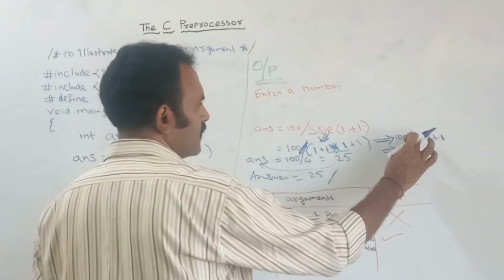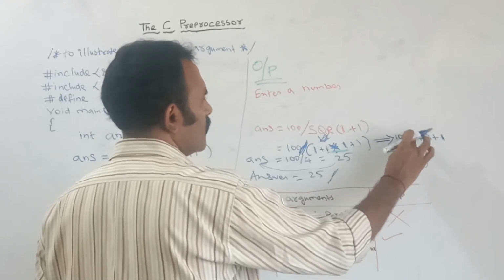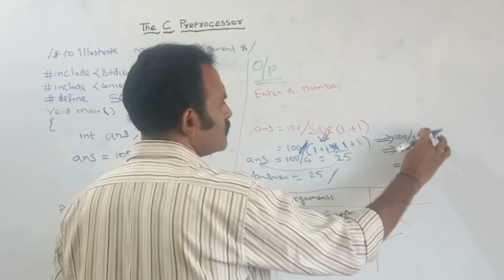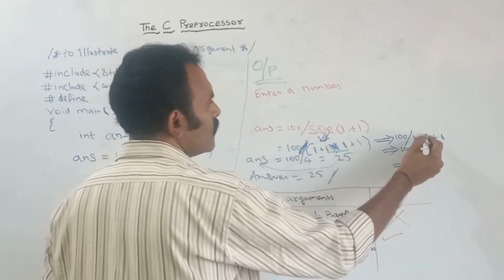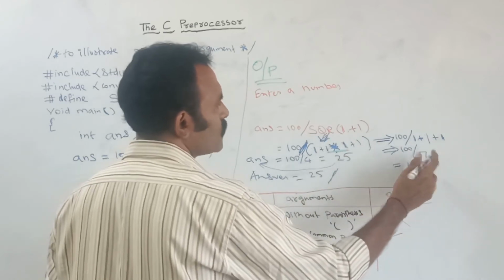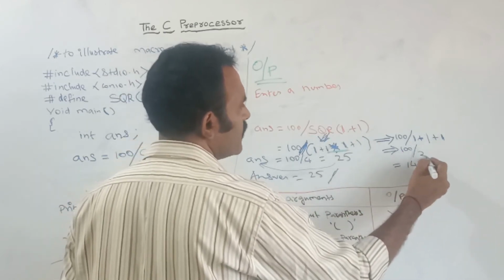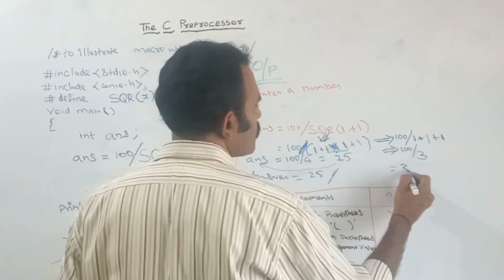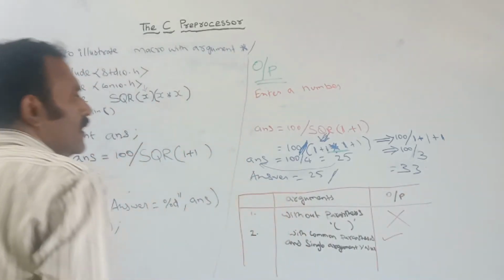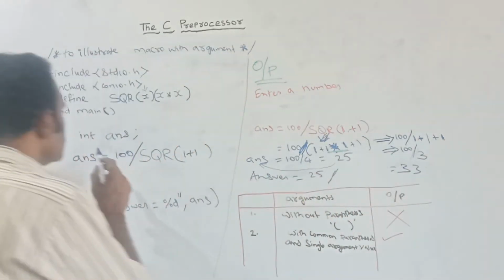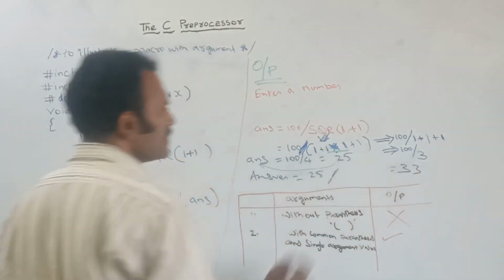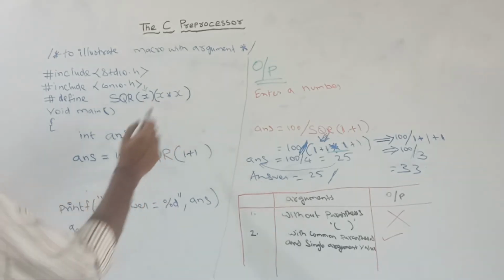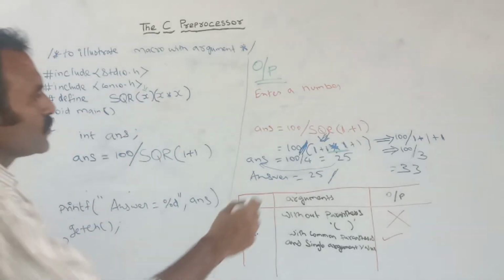So here 100 divided by 1 plus 1 into 1, 1, next plus 1. So totally 100 divided by 3, this answer will be 33. So this is also wrong. 33 point something, but as it is an integer value, it takes 33 only. This is wrong. If you are giving 1 plus 1 as 2, then 2 into 2 is 4, 100 divided by 4, the answer should be 25.